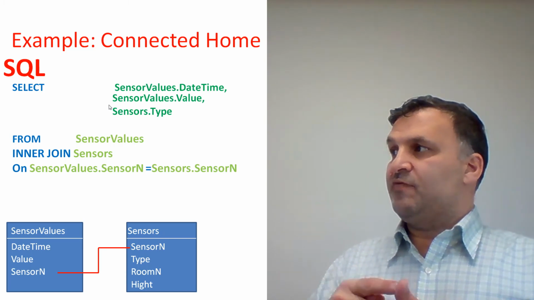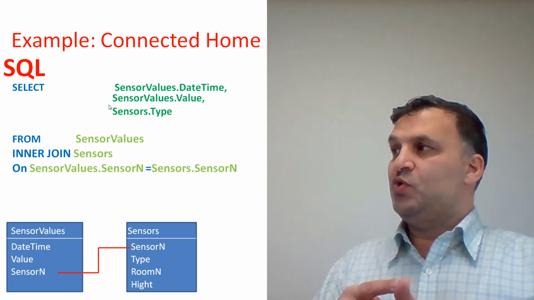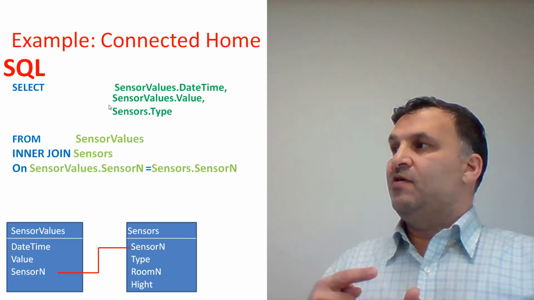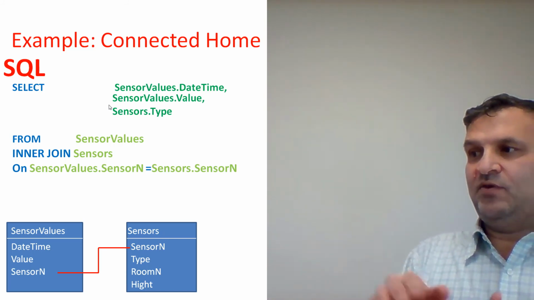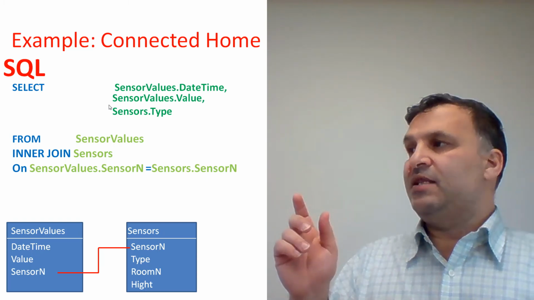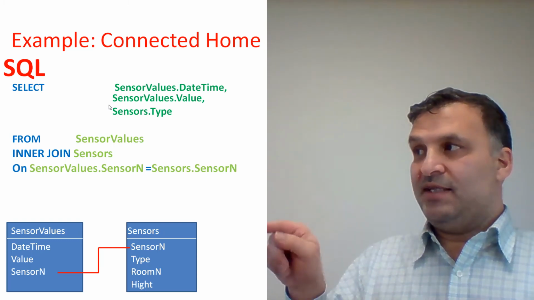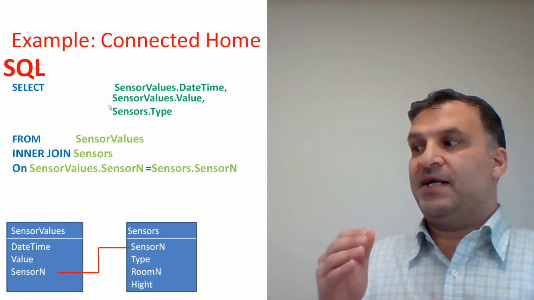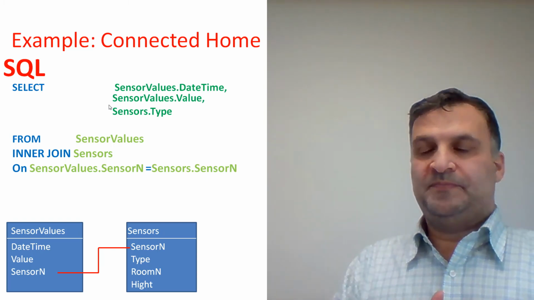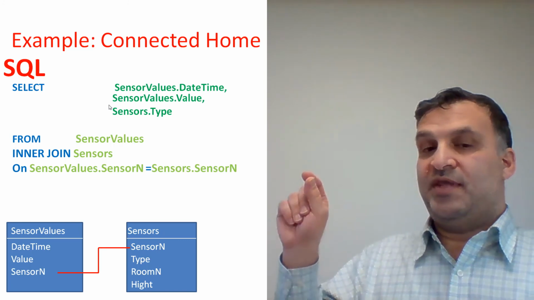From the table sensor values, I will choose the date and the time, and the value also, from the first table, the one on the left. And from the table sensors on the right, I will choose the type of the sensor. And perhaps I will choose the room. I can choose also the number of the room.